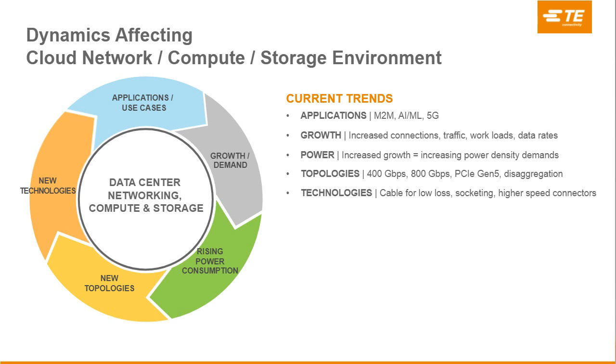Hyperscale architectures are optimized by each customer and finely tuned to extract maximum performance. So custom products are necessary for those types of customers, while co-located data centers are more standards-based. And as I mentioned, the edge data centers prize rugged reliability. So those are some differences.